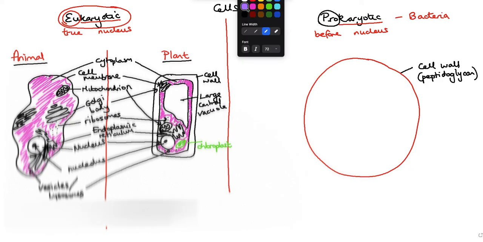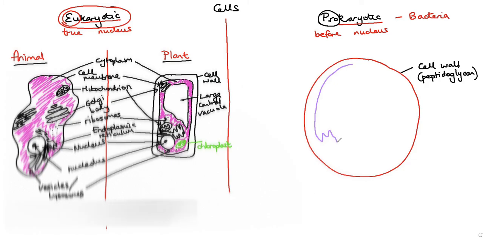And then underneath the cell wall you have your cell membrane. So that's that lovely purple structure there, the cell membrane. Same structure, same components, made of the same substance as in all the other cells.